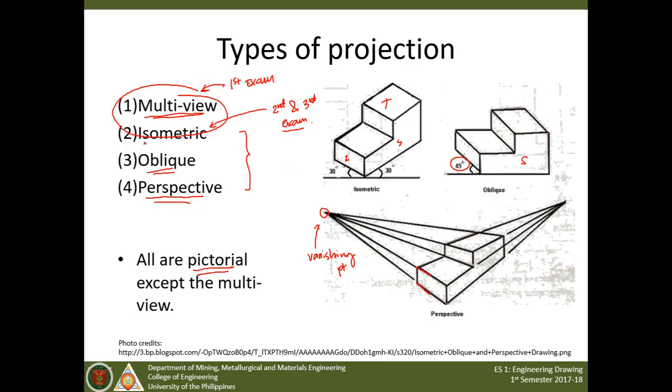But in isometric, a level of imagination is required. In ES1 we sometimes call it a 3D mind. It's like saying that we can take an object, imagine it in space, and rotate it in our mind.